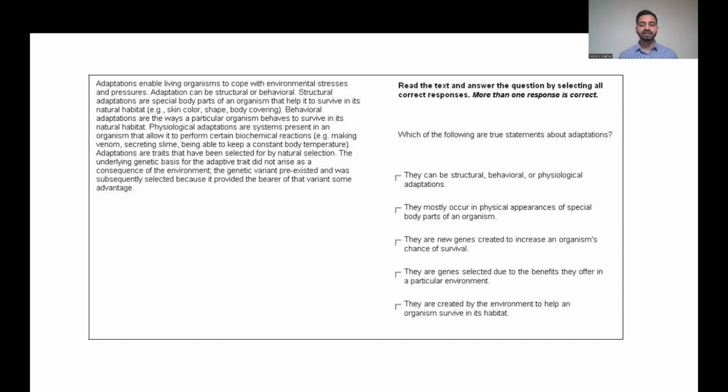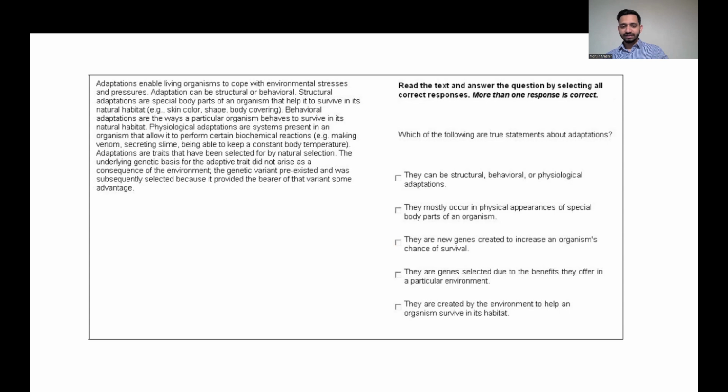They are genes selected due to the benefits they offer in a particular environment. So we have to see if they're genes that are selected for the benefits they offer in a particular environment. And they are created by the environment to help an organism survive in its habitat.